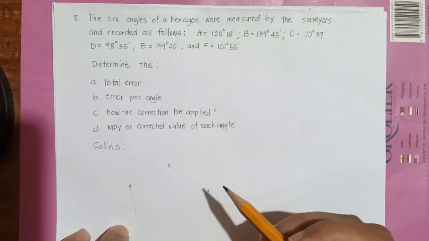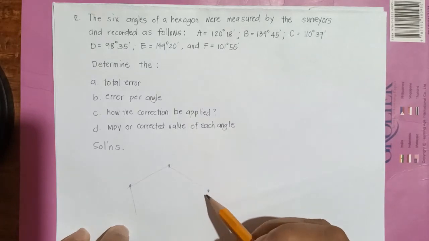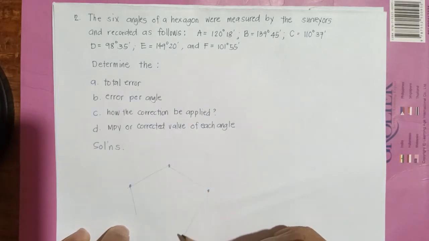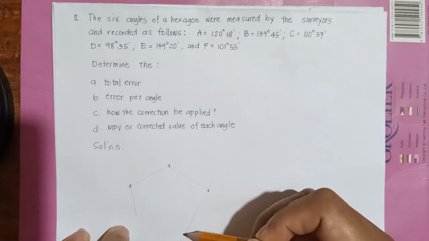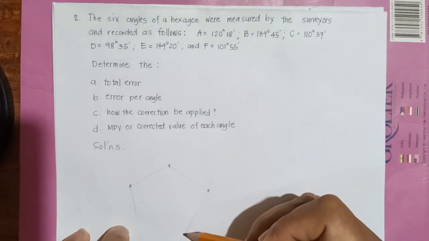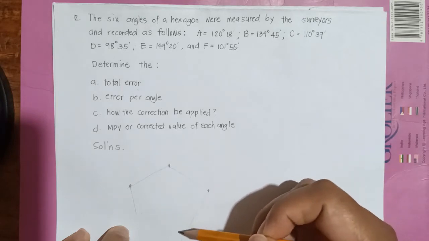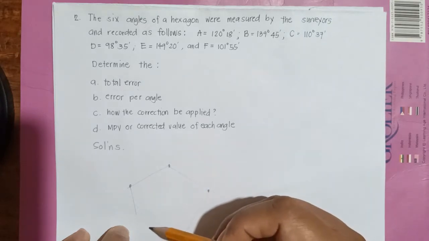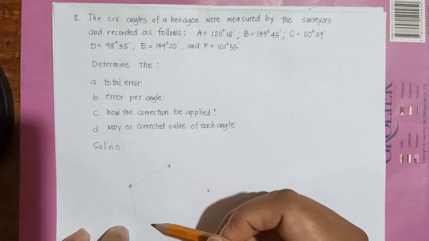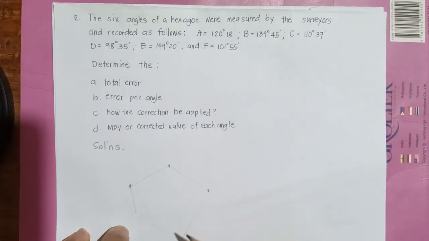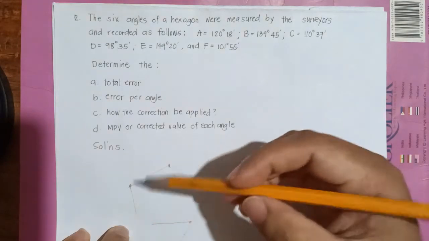It's not drawn to scale. And you have D might be somewhere here, and D is 98. E is somewhere here, maybe here.